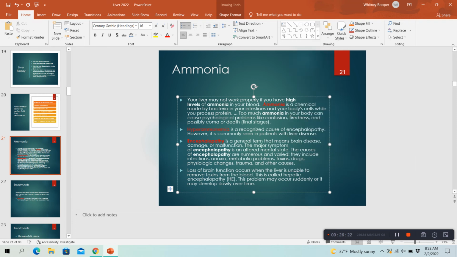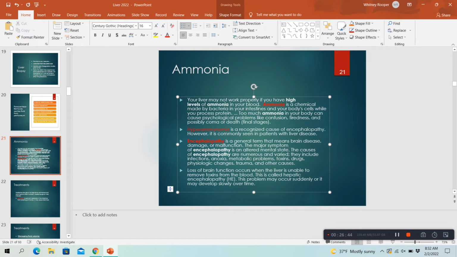metabolic problems, which we're going to go into with our ABGs on the 21st. We're going to talk about some metabolic issues on the 21st. Toxins, drugs, physiological changes, trauma. Those are just some of the causes of encephalopathy.